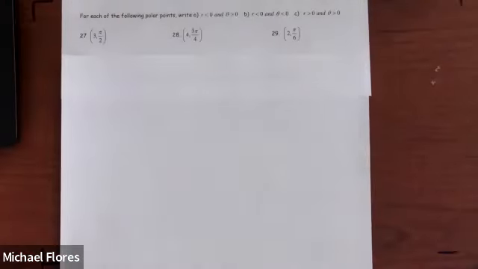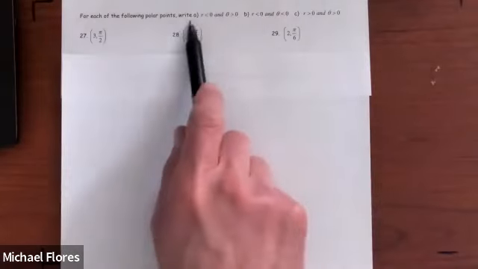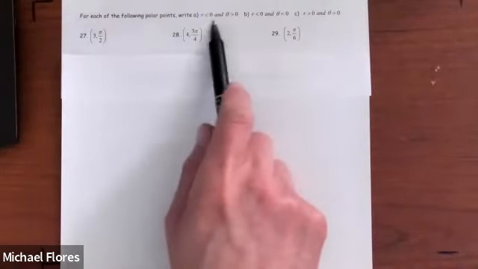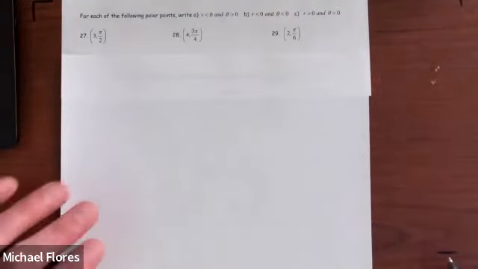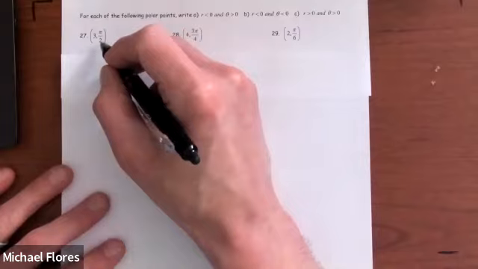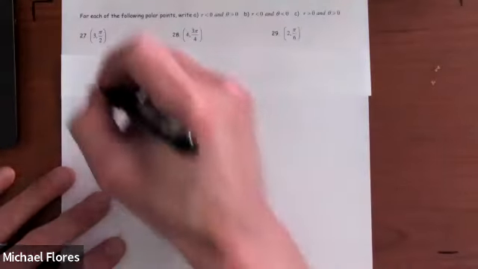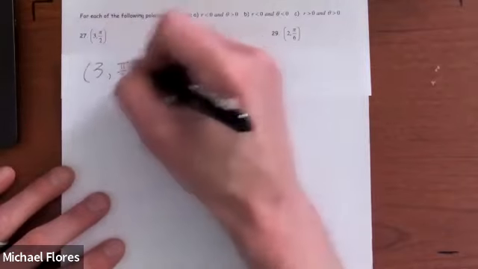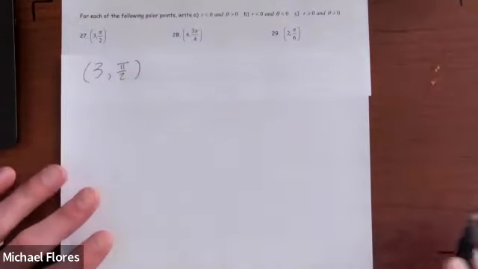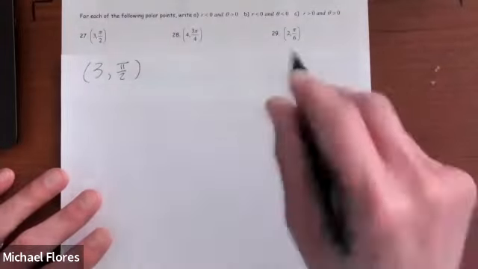For example 27, for each of the following polar points, write... and then it has a lot of this stuff. Here's pretty much what they're looking for. They have given us 3 comma pi over 2. I'm going to copy that down again. 3 comma pi over 2. Remember the very first page we plotted the point 3 comma pi over 2?